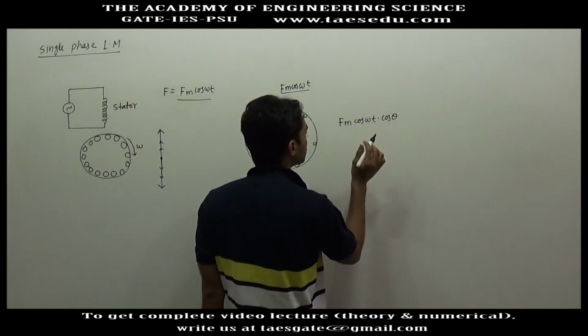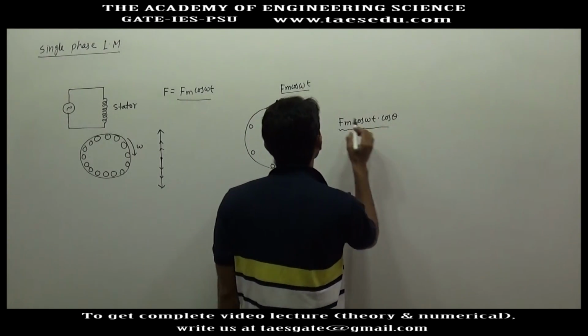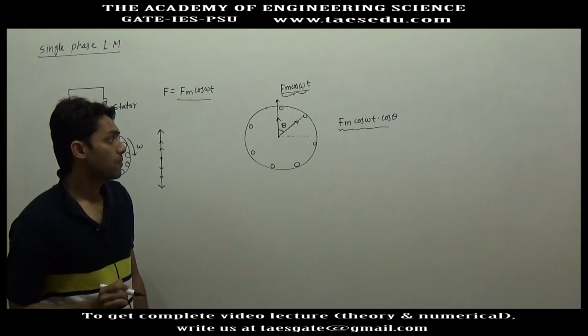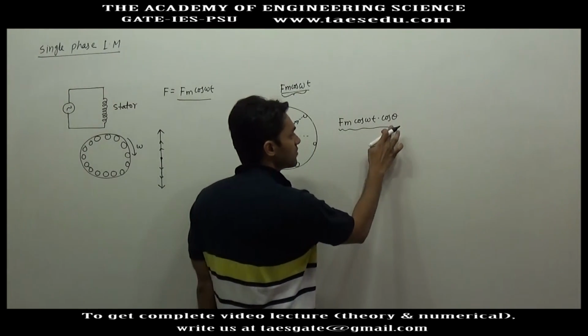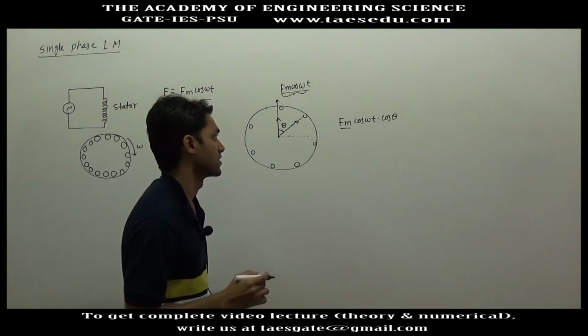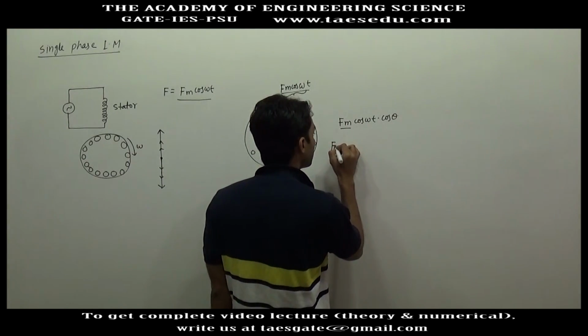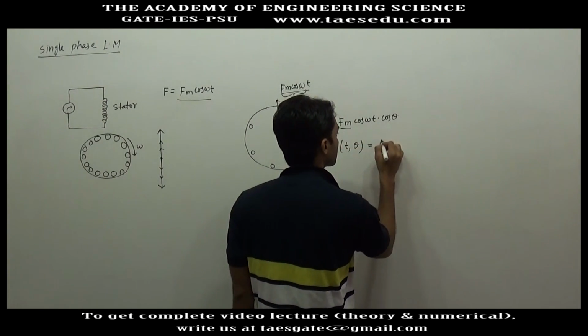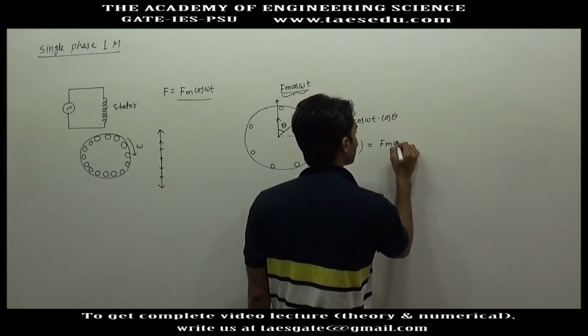So in the earlier expression we had only time variation of MMF. In this expression we have time as well as space variation. So this is the time variation as well as space variation of magnetic field.